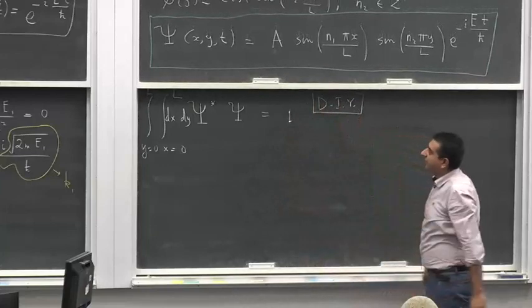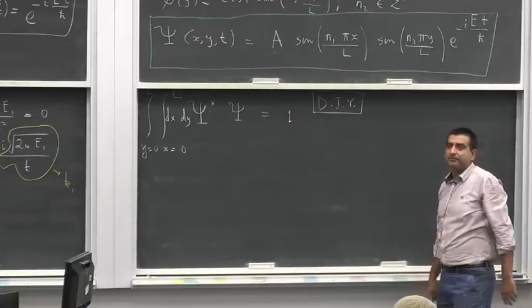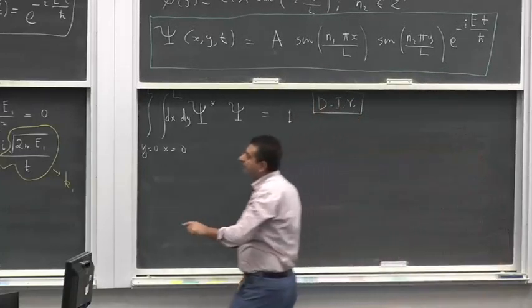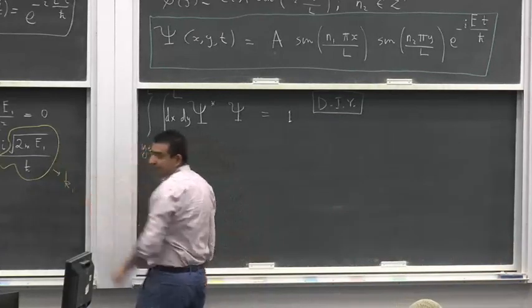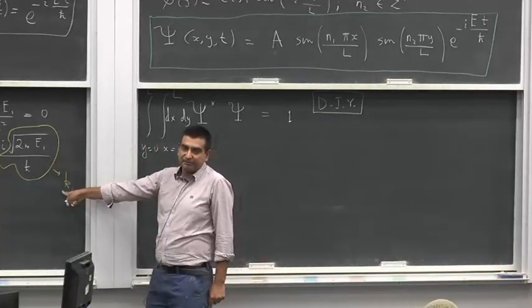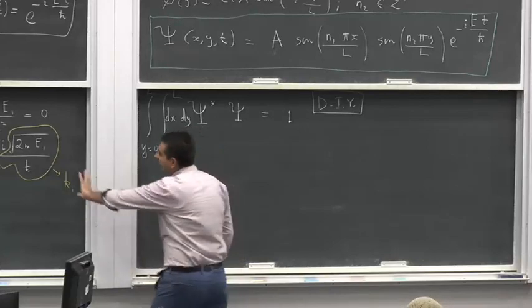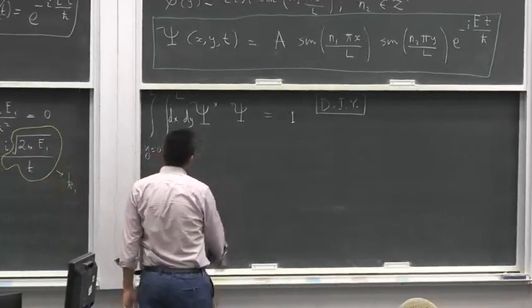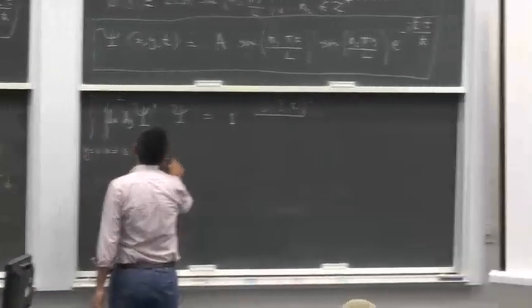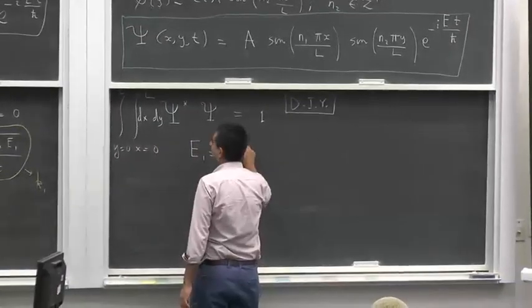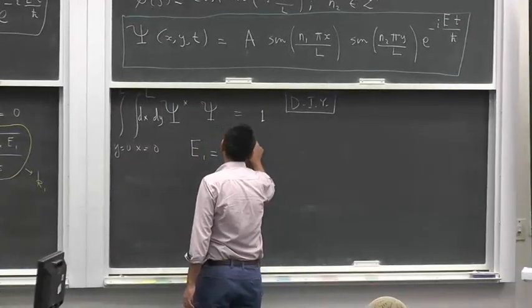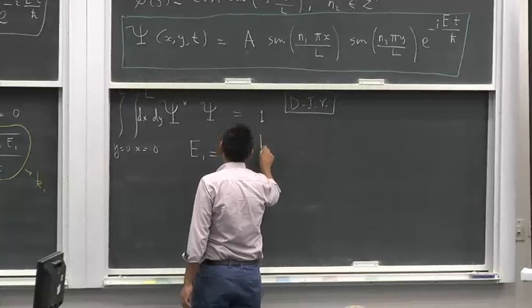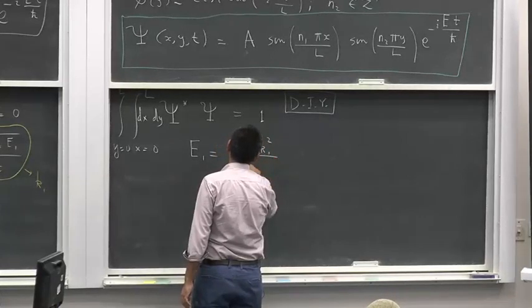Now the question is about the energies. We've noticed that my K1 equals this, and K1 is quantized. So if I just restructure this equation, it turns out that my E1 is h bar square k square over 2m.